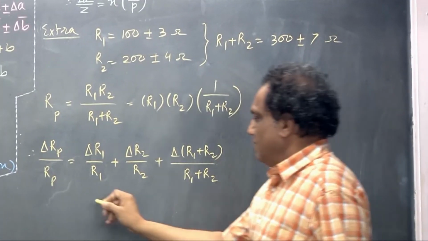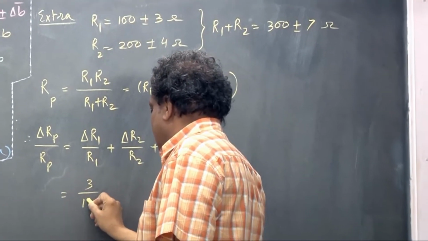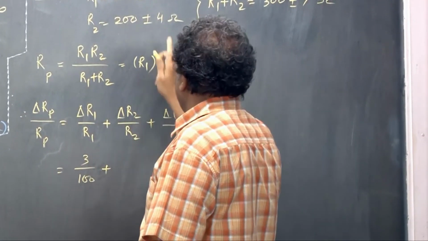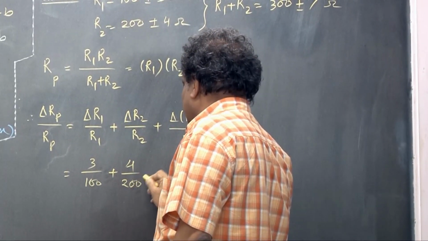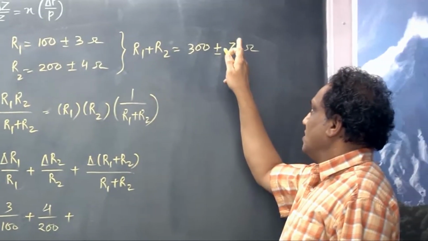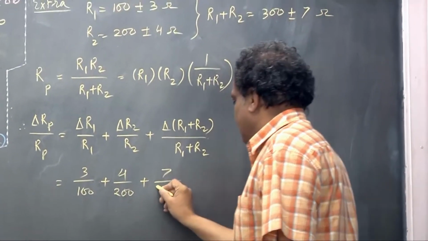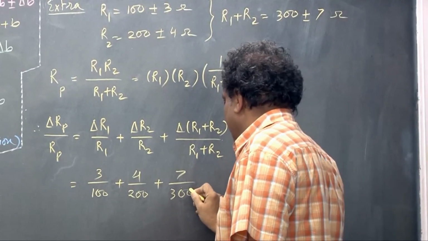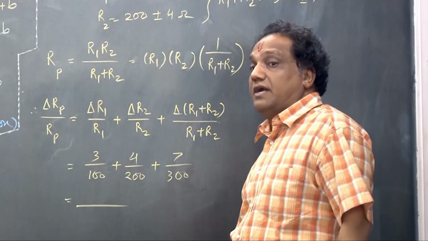So now tell me, what is delta R1? 3. R1 is 100. Plus delta R2, 4. R2 is 200. Plus delta of R1 plus R2 is 7 upon R1 plus R2 is 300. Right? Simplify this and then multiply on both sides by 100%.